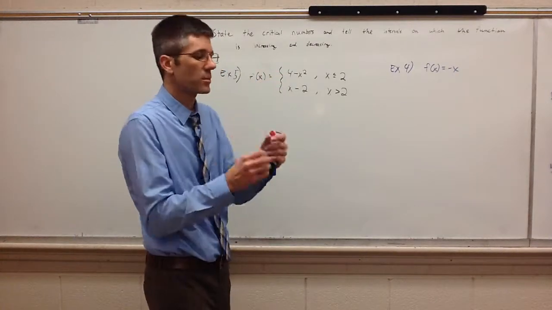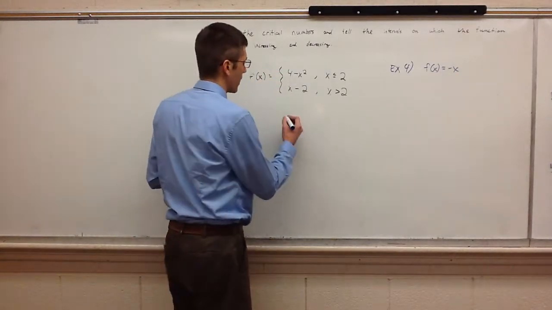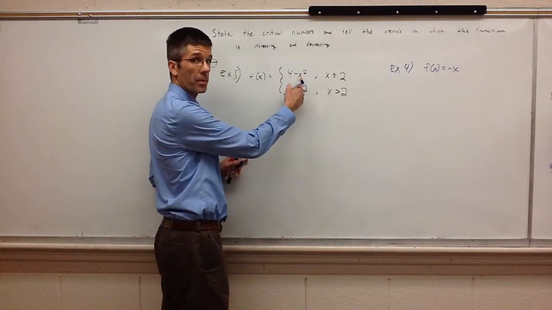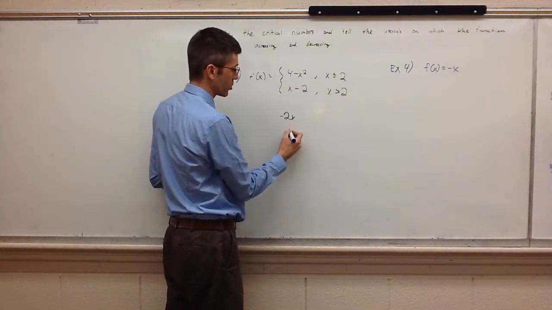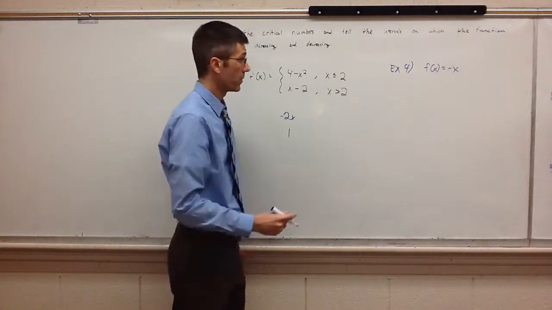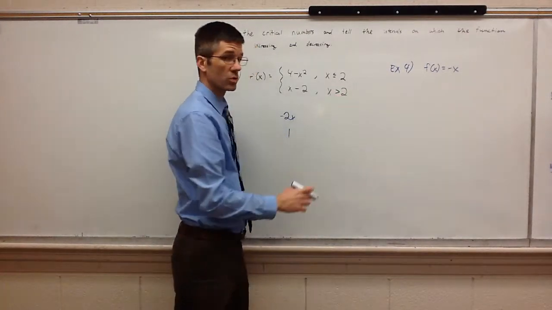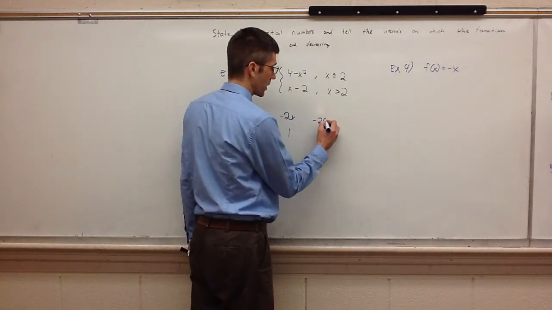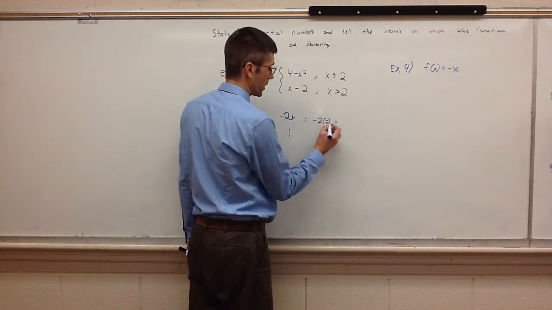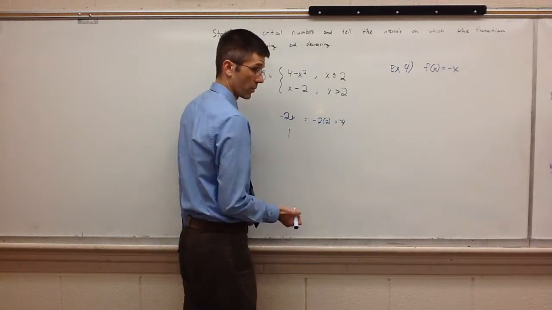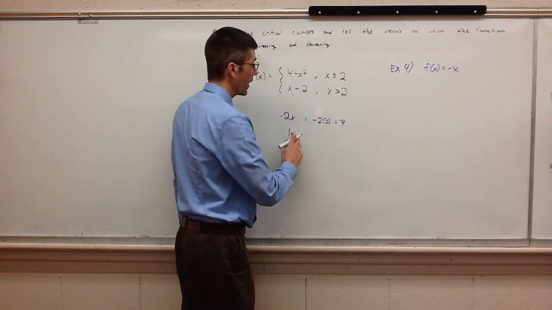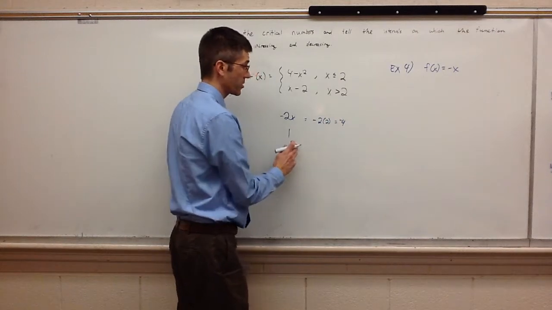If it's differentiable at 2, that means that the derivative of the top is equal to the derivative of the bottom where x equals 2. All right, let's plug a 2 in. Negative 2 times 2 gives me negative 4. 1 is 1. They do not match up.